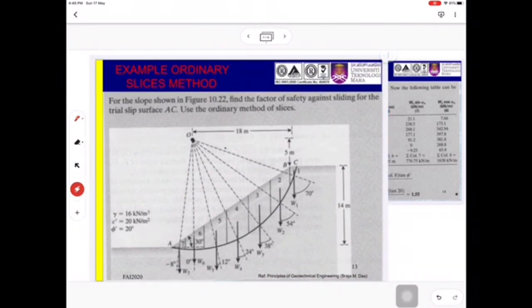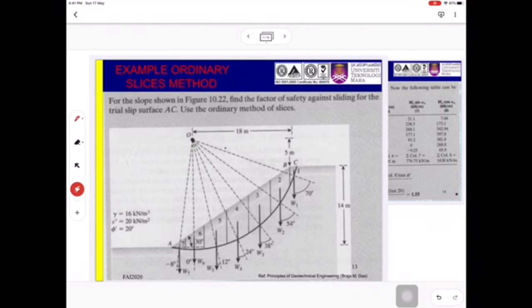So we have W1 to W7. Then determine alpha. Alpha 1 is 70, alpha 2 is 54, then alpha 3, alpha 4, alpha 5, alpha 6, and alpha 7.